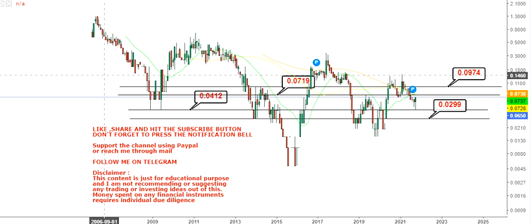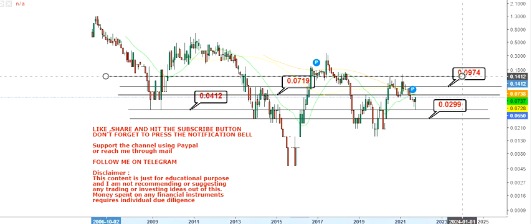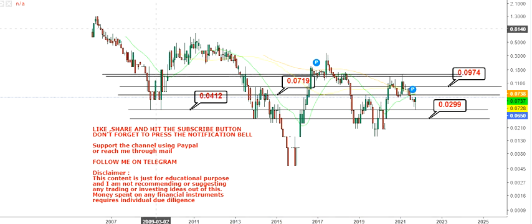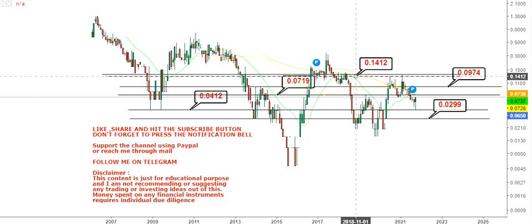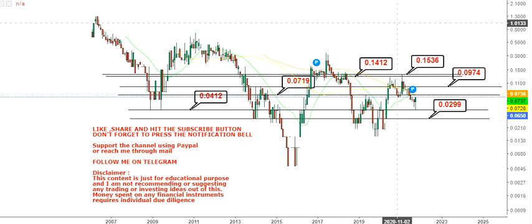Beyond 0.09 you will have another set, which will be in between 0.14 and 0.15.